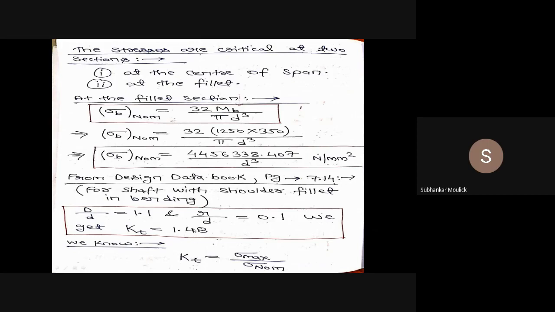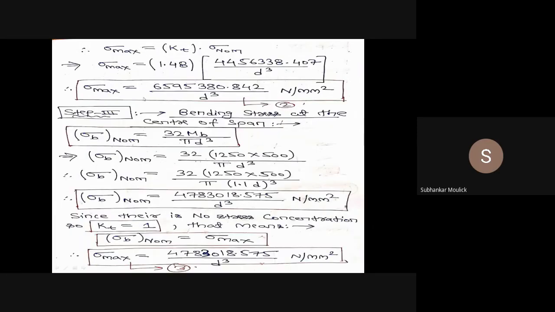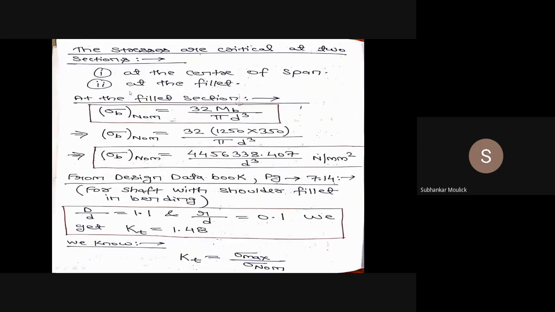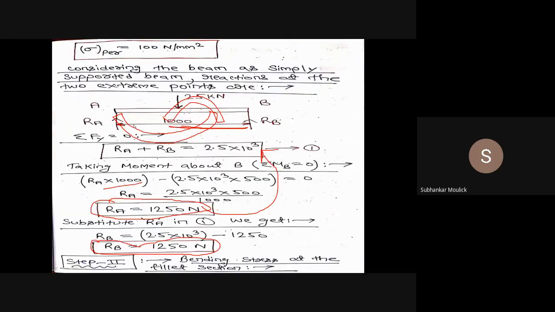KT is 1.48, so I will get the value of sigma max. Sigma max is 6595380.842 upon d cube Newton per mm square. Equation number 2. This is the maximum stress generated at the fillet cross section of the beam.